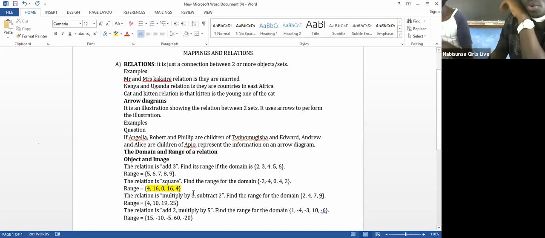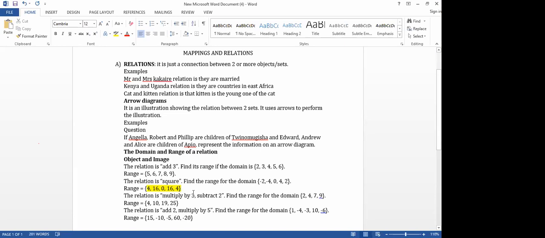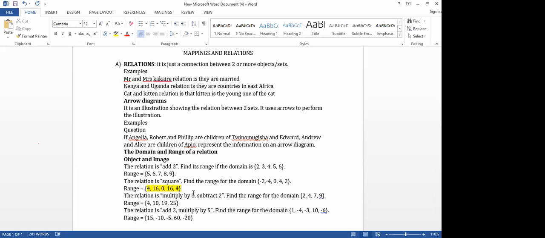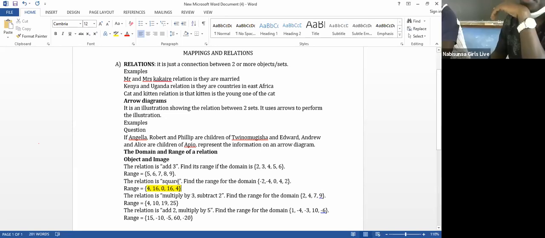That wouldn't look good to repeat elements in a set. If it is a sample, then it will be okay. The best would be to have 16 once, because even on your arrow diagram, negative 2 will go to the same value as 2, and negative 4 will go to the same value as 4.